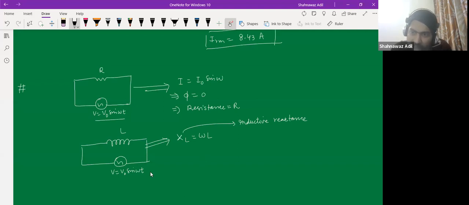The phase difference is pi by 2. Which one is leading, which one is lagging?